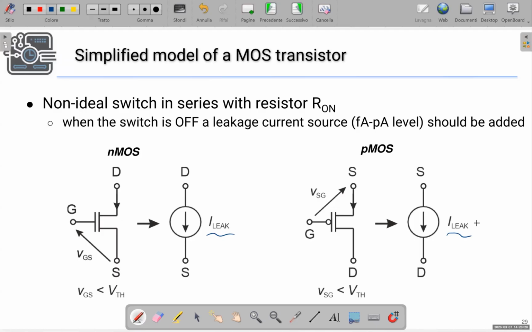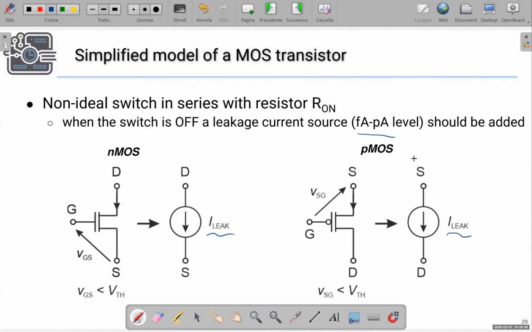So in the off state, we could represent the device as a current source with an imposed current that is fairly independent of the drain source voltage and is also typically very small, in the femtoampere to picoampere level, that flows between the drain and the source, or between the source and the drain in a PMOS device.